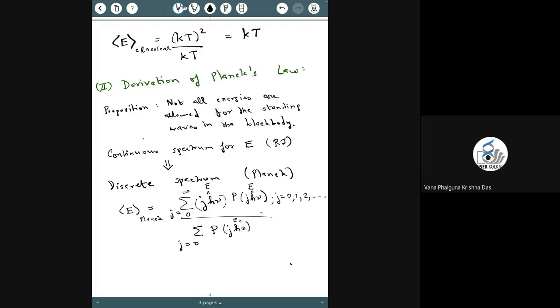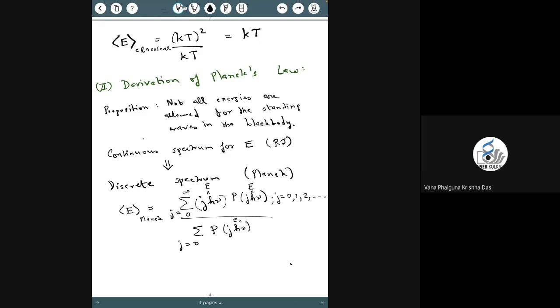So, ma'am, it is the probability of modes with that energy E. Yes. The energy range is still from 0 to infinity, but not all the values in that range are possible. So the energies are only integral multiples of h nu.